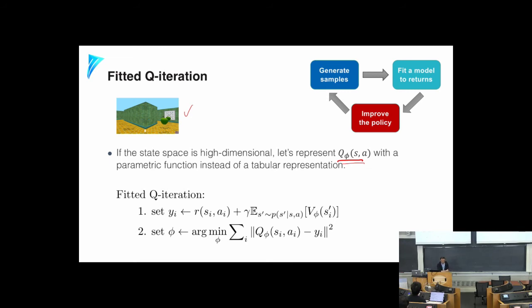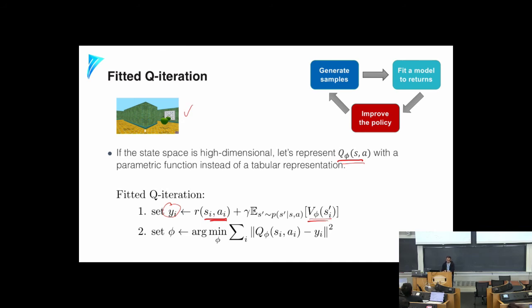Now, instead of trying to enumerate all the states and actions and execute this dynamic programming procedure, we assume that we can get trajectories, or basically pairs of states and actions, from somewhere, starting from some initial value function. We can compute these y's, or the targets for the Q function.